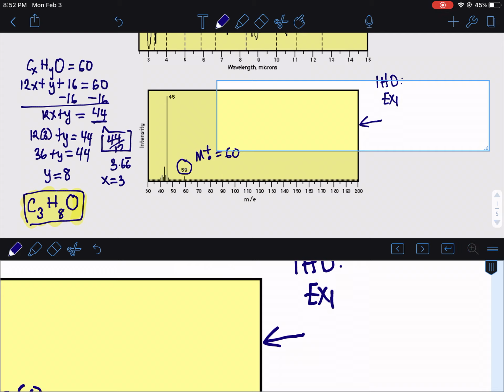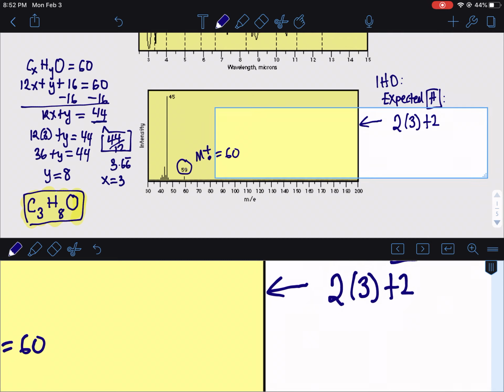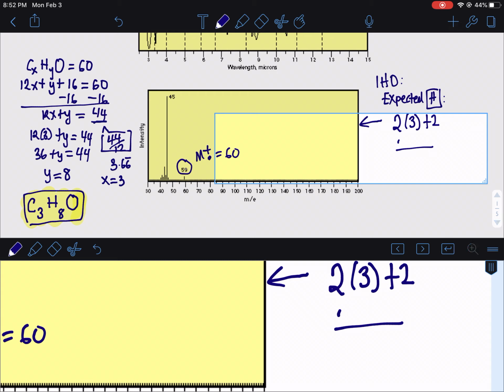The way you determine that is you calculate your expected number of hydrogen. To calculate your expected number of hydrogen, you multiply 2 by the number of carbons that you have, in this case 3, and then add 2 to that. So the generic formula is 2 times C plus 2.